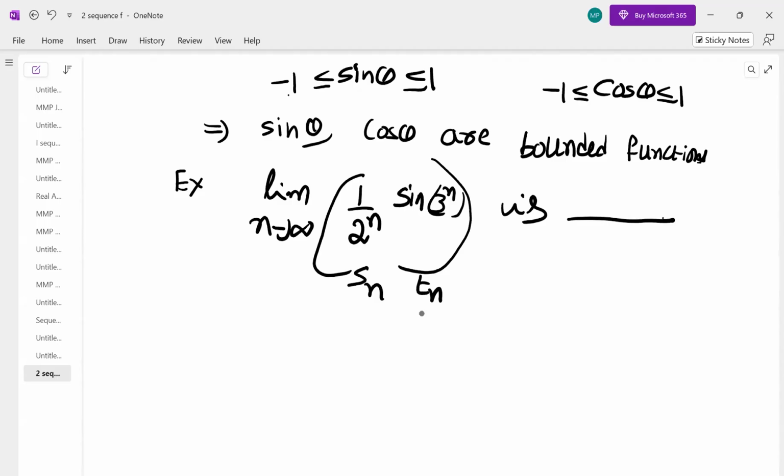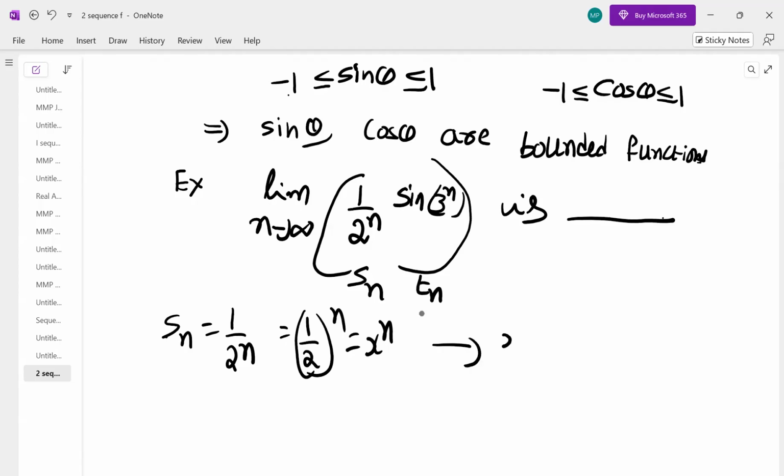It can be in any order. So one of the sequences has limit 0. This is in the form (1/2) power n, x power n form, where mod x is mod 1/2, less than 1. So automatically limit of Sn is 0.